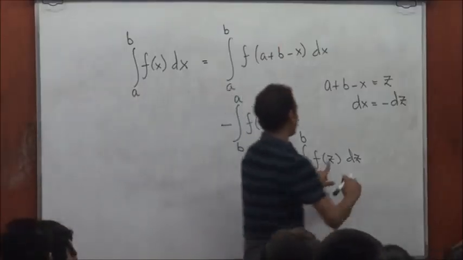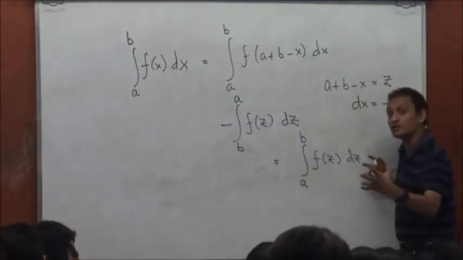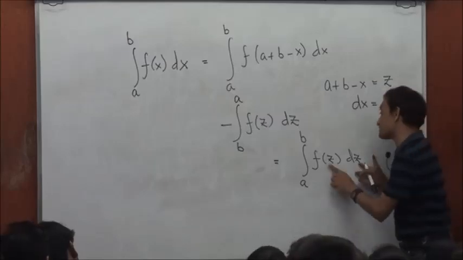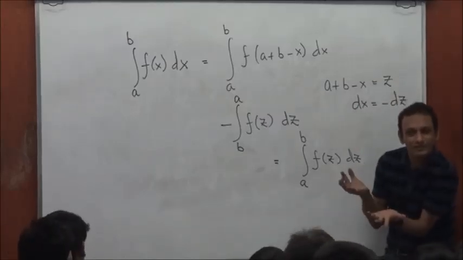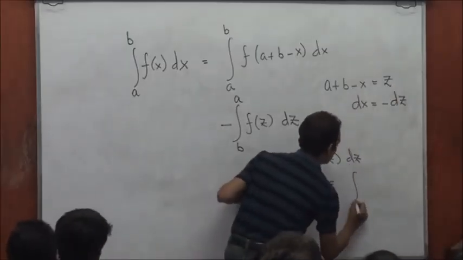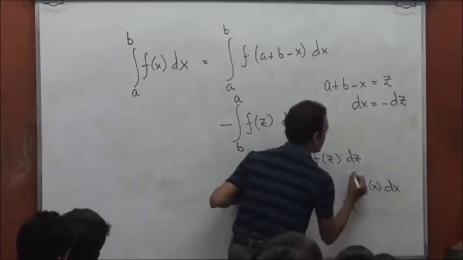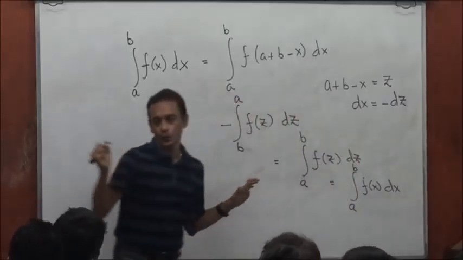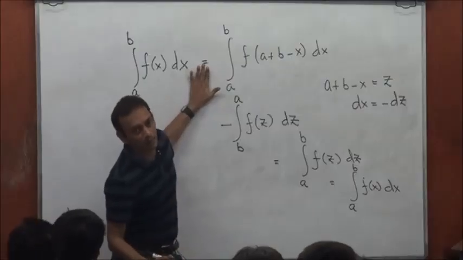Now, whether this is z, or this is t, or this is x, or this is London, or this is Hong Kong, or this is Paris, it does not matter, right? So might as well call it x now. So this then becomes integral f(x) dx, x runs from a to b. Yes or no? Right? So very important property.